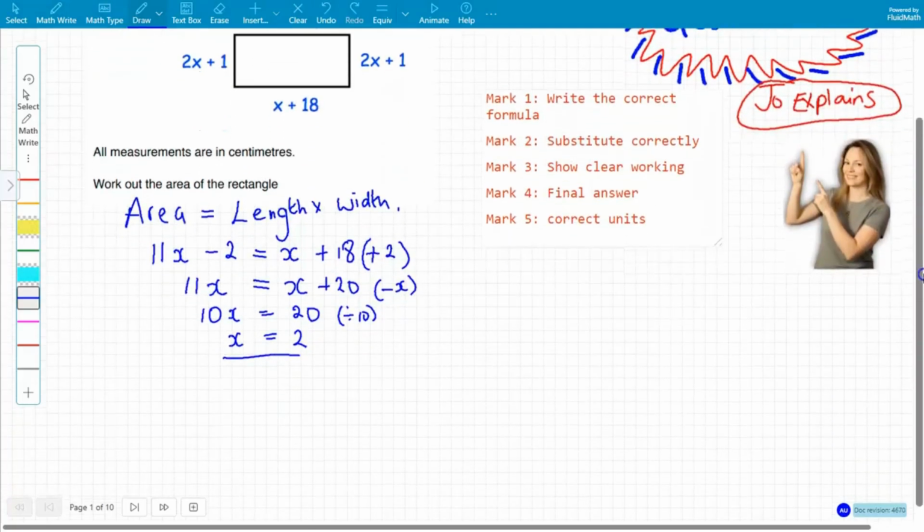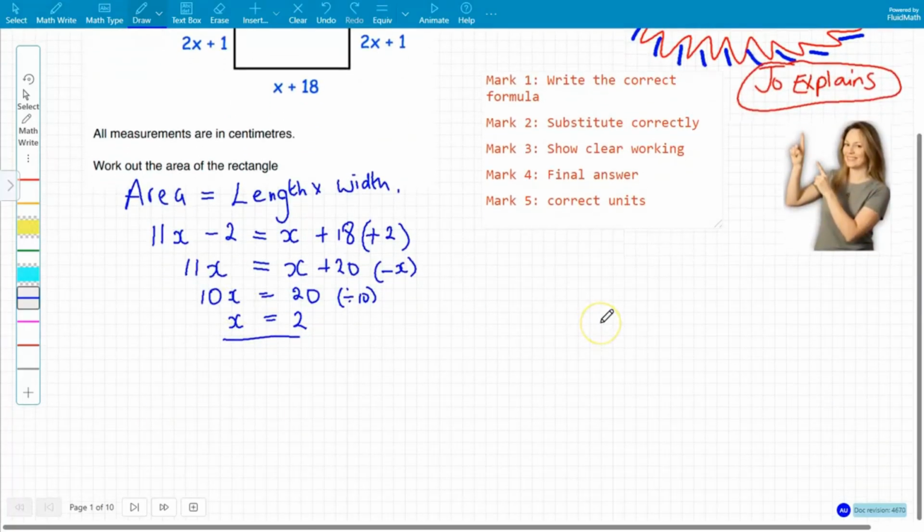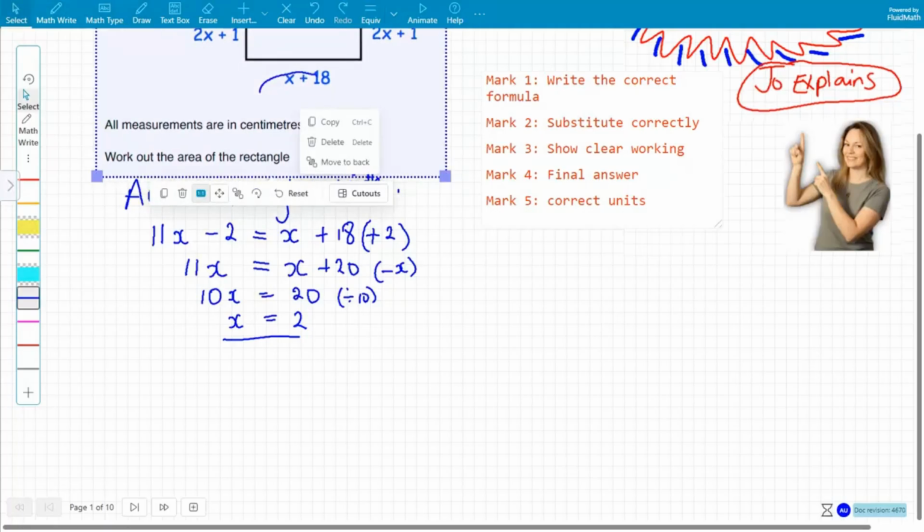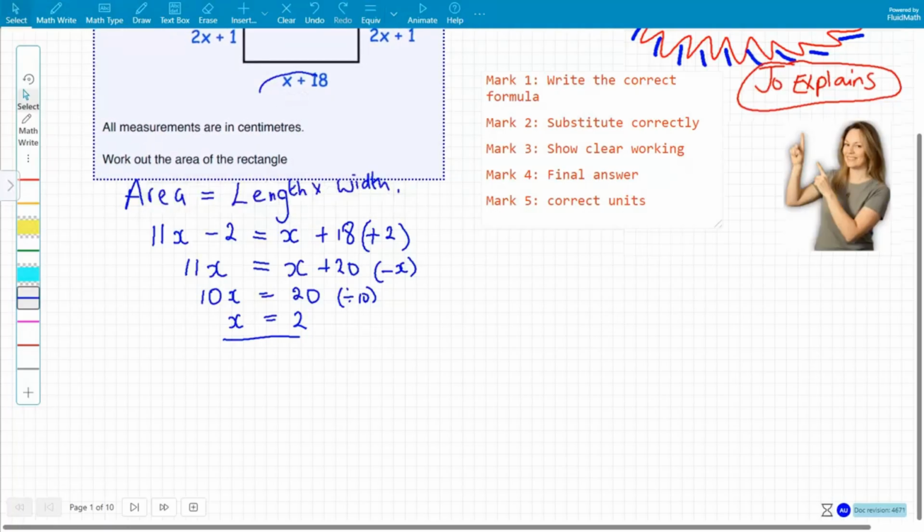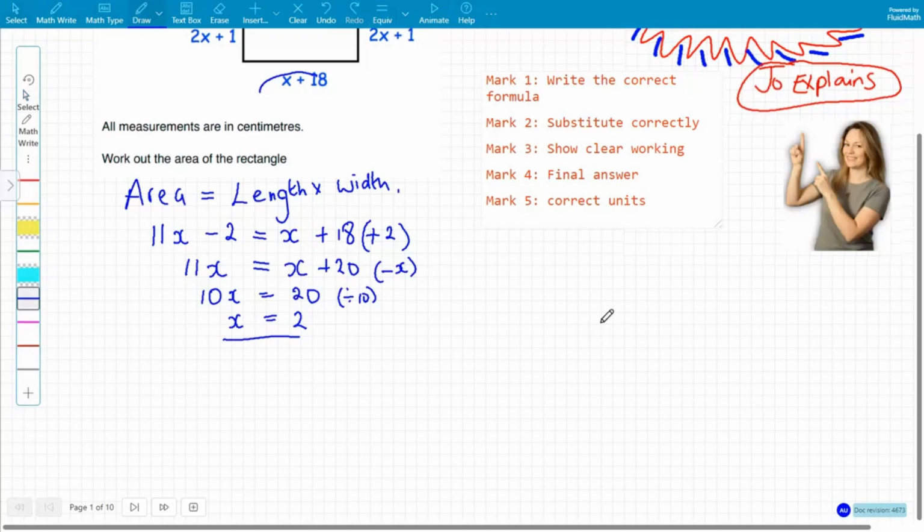Okay, let's move it down a little bit. Now I'm going to substitute it into any of the expressions that I've got here really, but I'm going to choose this one and this one, because these are both the same anyway.